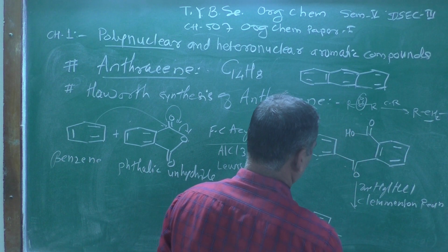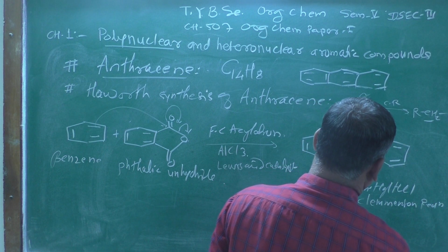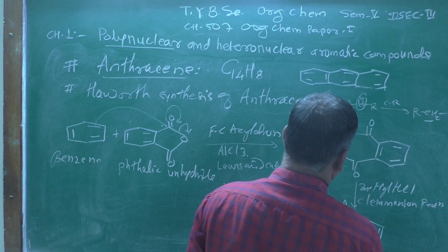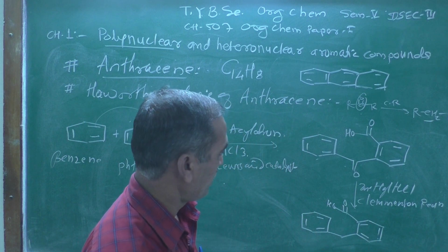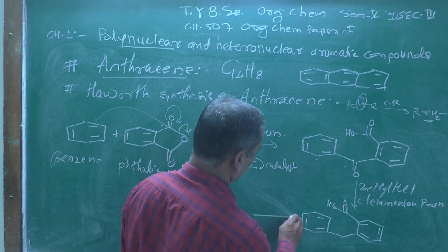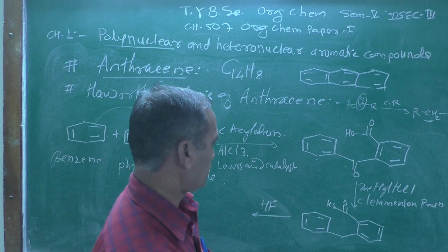Therefore we are going to get here the product, this one. So you can write the benzene ring as it is, here CH2, then this benzene ring remains as it is, and here is an acid group at a proper position. And now for cyclization we use HF.